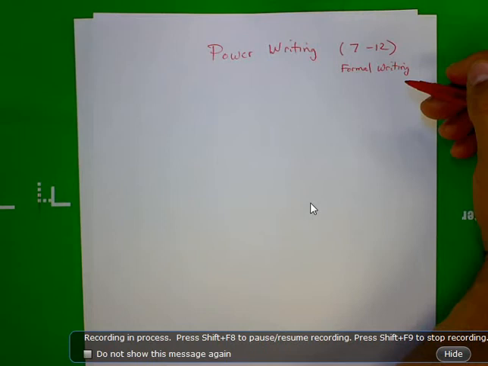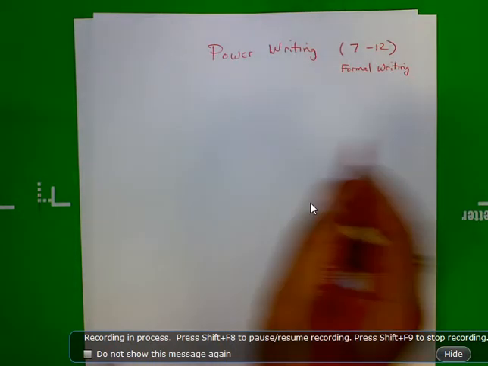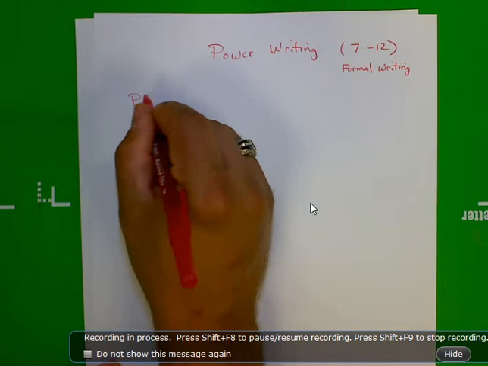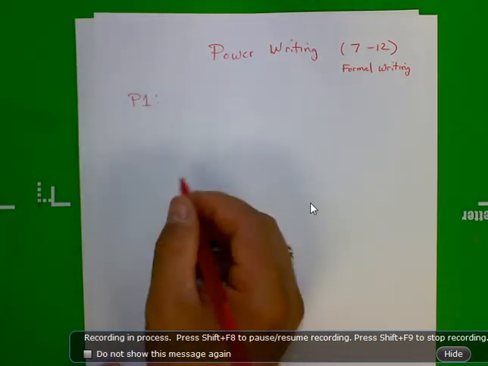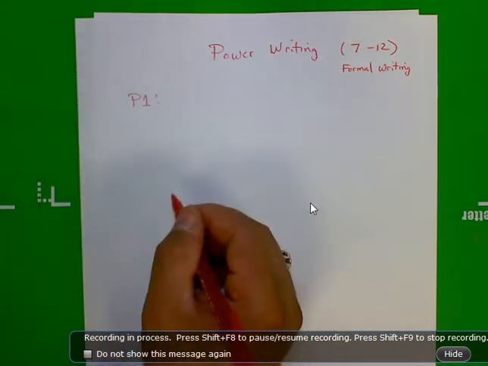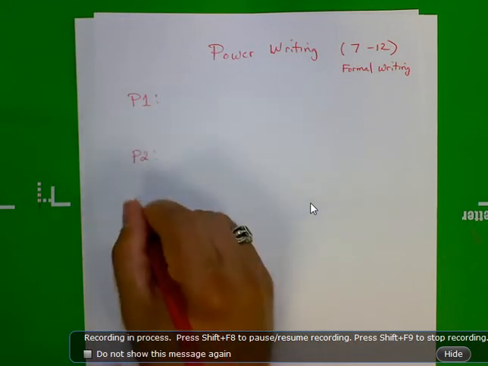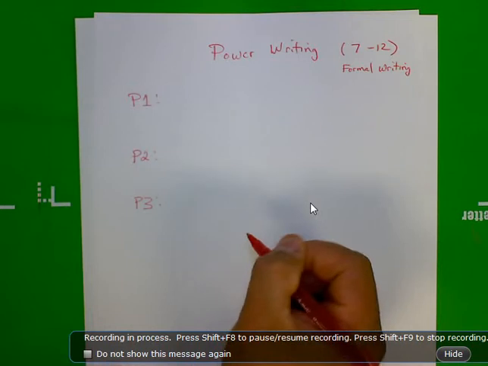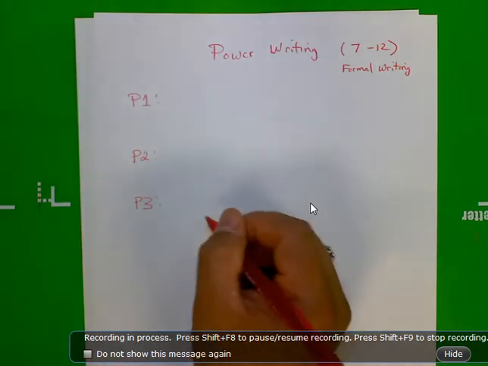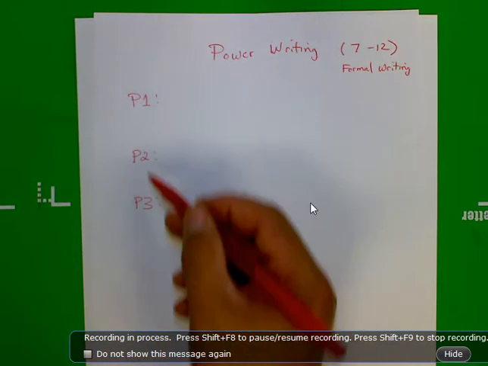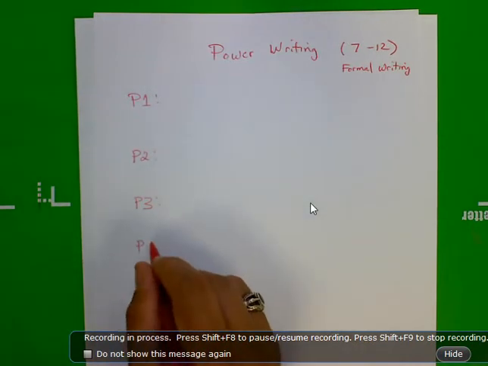Formal writing. So the power writing system is easy. It consists of a level that we call P1, P2, and at most we have a power 3. Okay, that's the third level. Now, what you see most of the time is a final power 1 at the bottom as well.